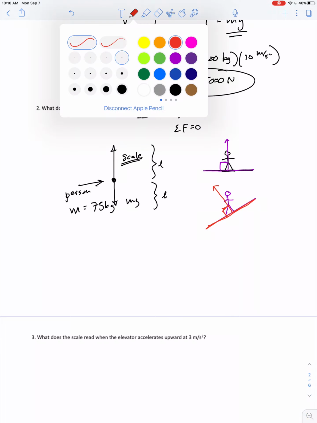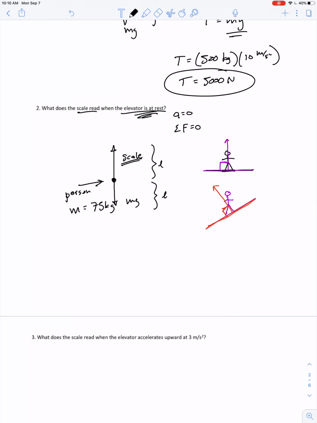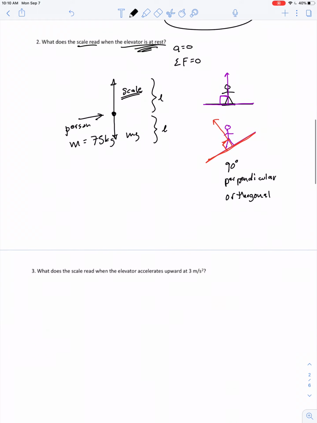Now, mathematicians have a lot of different names for 90 degrees. Sometimes they'll say that's perpendicular, or they'll say that's orthogonal. We can say it points at a right angle. And we can use the word normal as well. All of those mean the same thing, right?